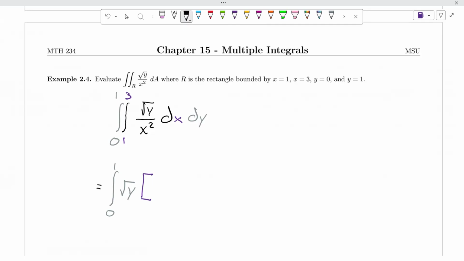I want to integrate 1 over x squared, which is really x to the negative 2. That's the way that I would think about that. Because that means I can just apply my power rule to say that this is negative 3 to the negative 1 minus a negative 1 to the negative 1. And then dy still hanging out right there.